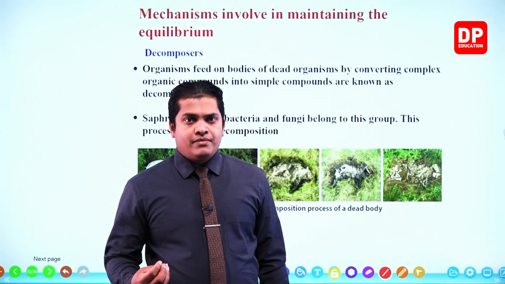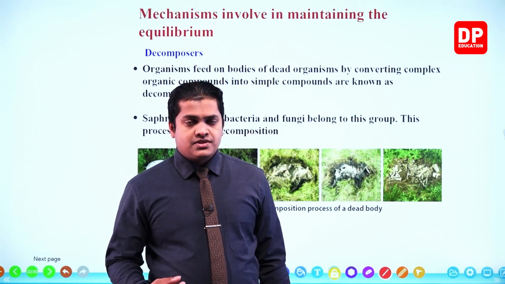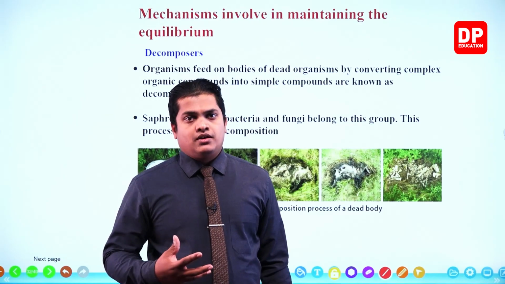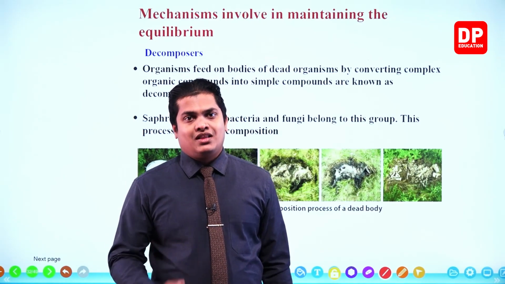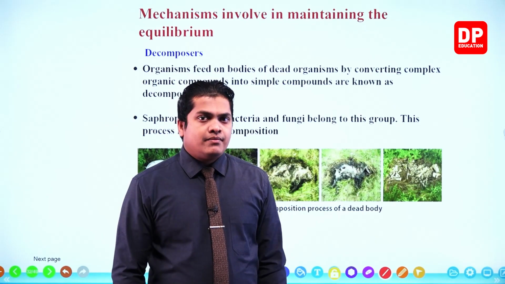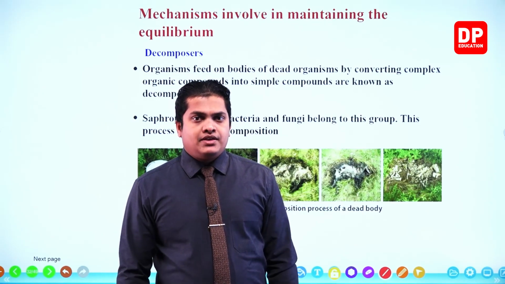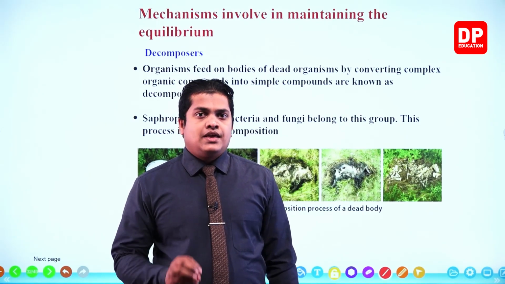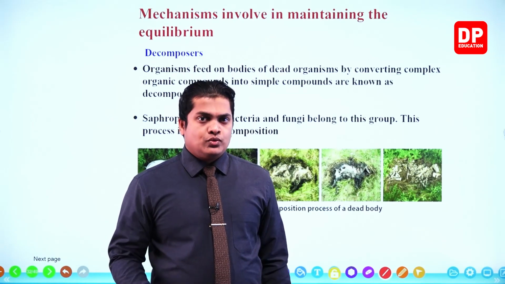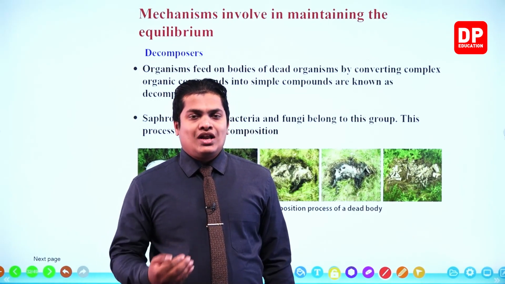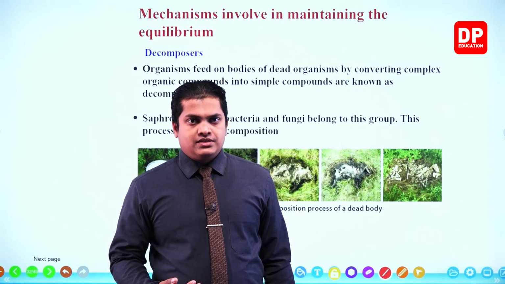Chemoautotrophs are bacteria-like organisms that produce their own food by using chemical reactions. The other type is photoautotrophic organisms, which use sunlight or solar energy to do photosynthesis.